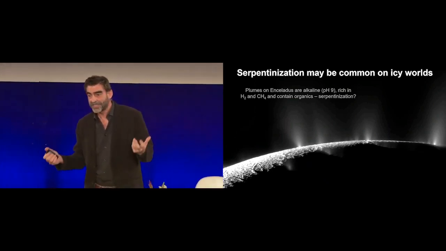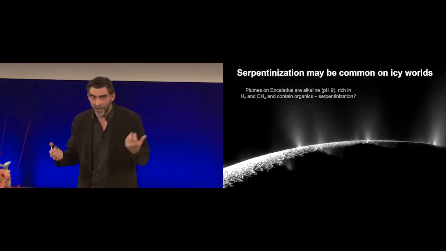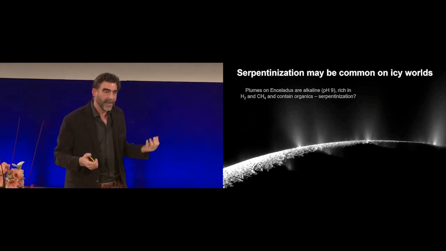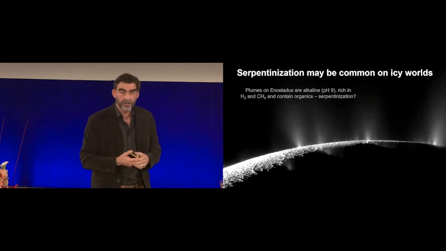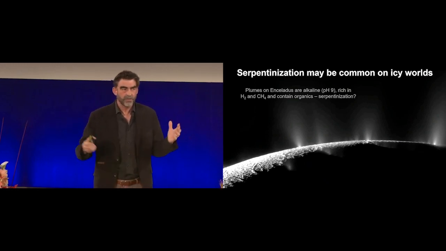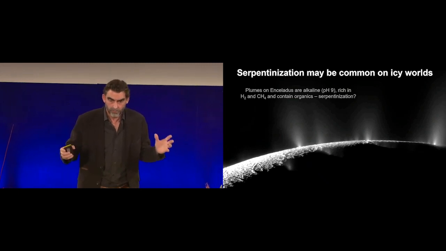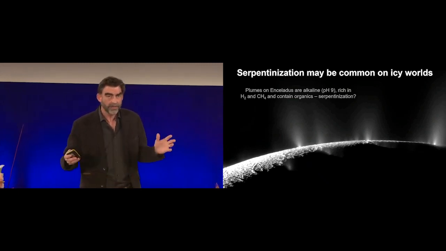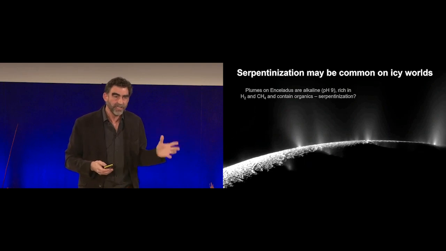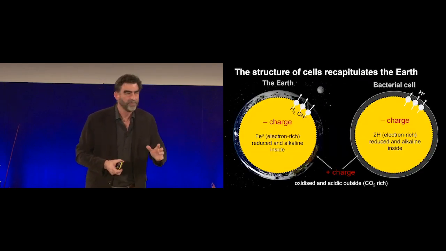Almost certainly this is the same process of serpentinization that's going on in Enceladus, and possibly as well on Europa, one of the moons of Jupiter. So these are processes that can happen on any wet, rocky planet or moon. And there are potentially tens of billions of them in the Milky Way alone.